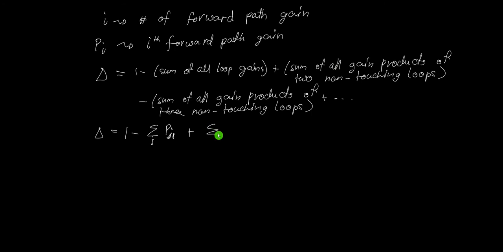Then plus the summation of the next one, the products, so this will be P_j2. If it's 2, it means 2 non-touching loops. Then minus the summation of P_j3. These are 3 non-touching loops, plus the summation of the product gains of 4 non-touching loops, and so on, with alternating signs, plus, minus, plus, minus, and that will be delta.